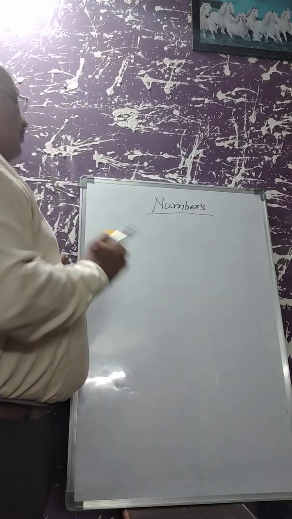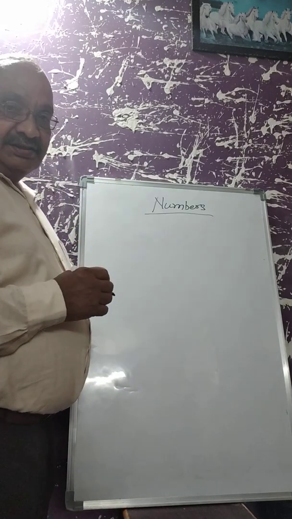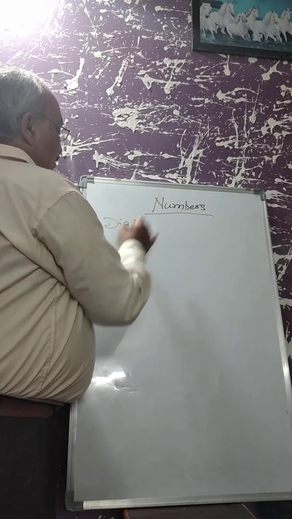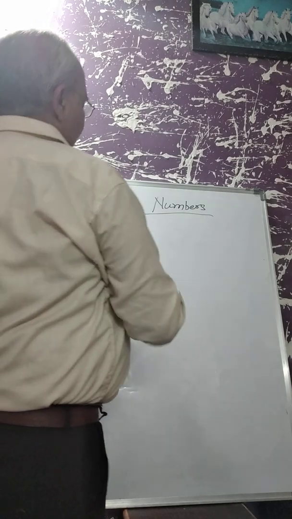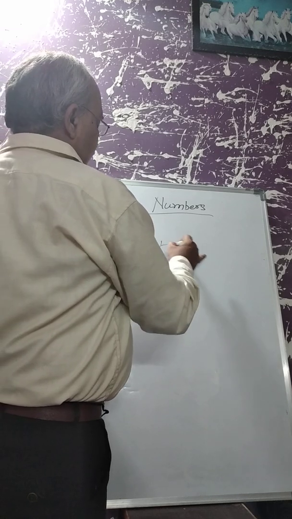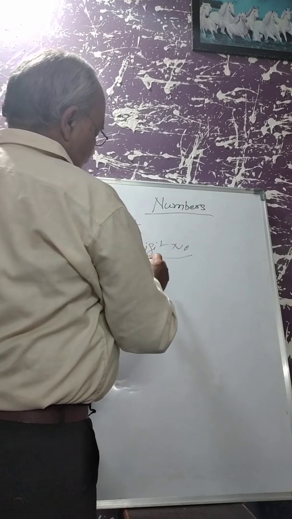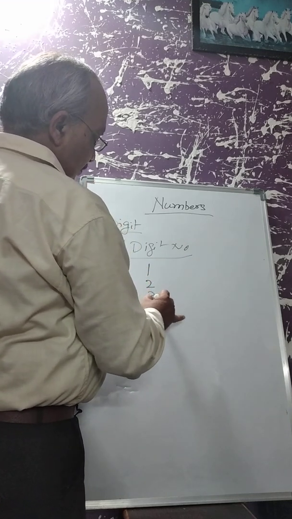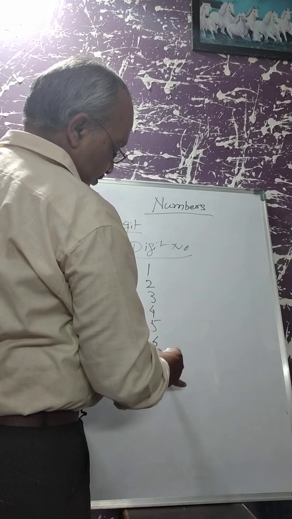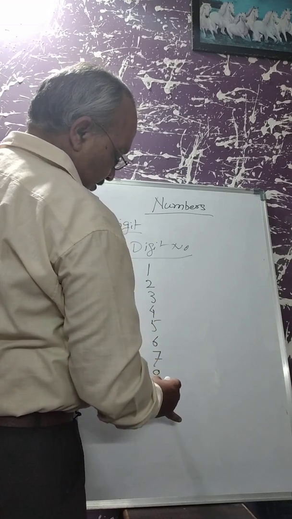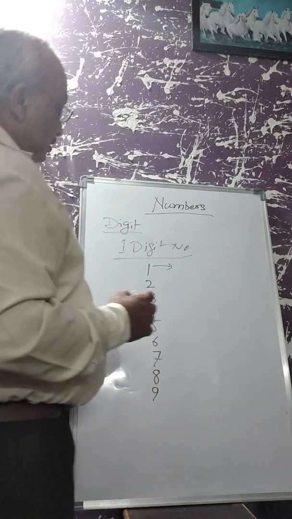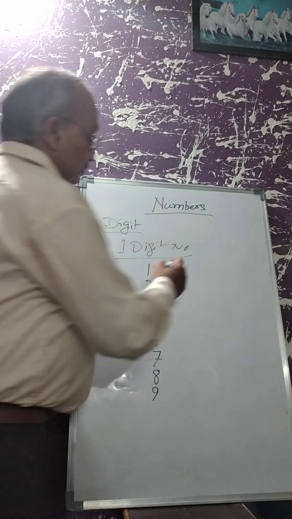Now, regarding the digits, how many digit numbers will be there? It may be one digit number, which can start with 1, 2, 3, 4, 5, 6, 7, 8, and 9. This one we have found is the lowest number.